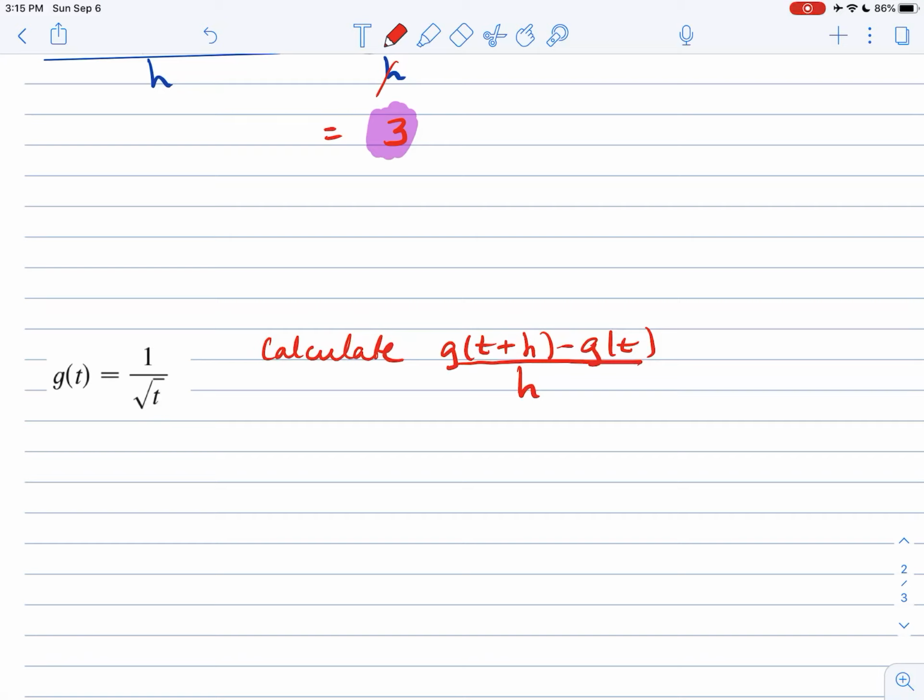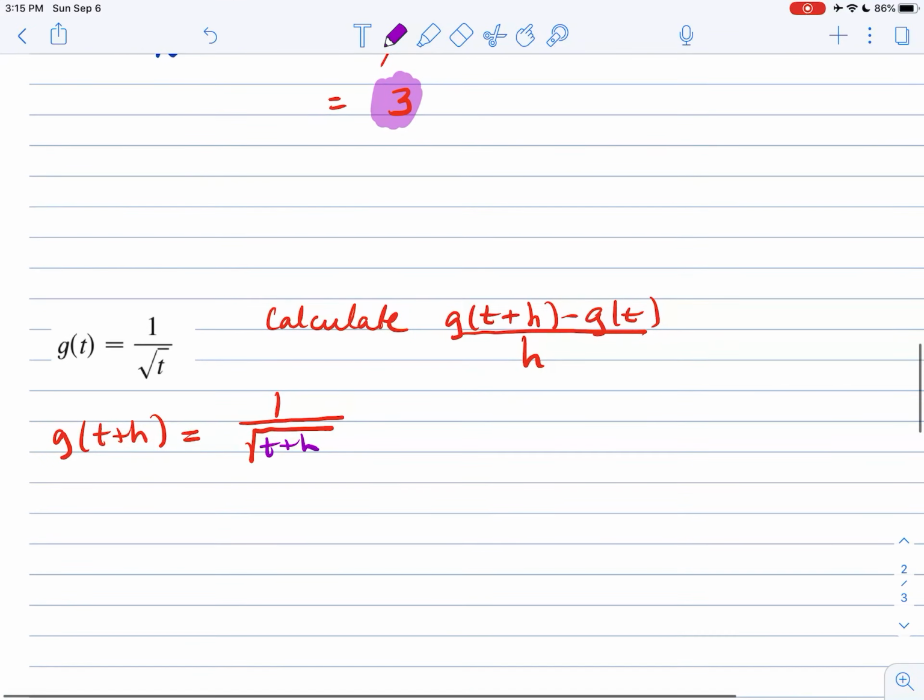Good. And we have 1 over the square root of t. So baby steps. What is g of t plus h? g of t plus h is whatever I have as my input goes under the radical.